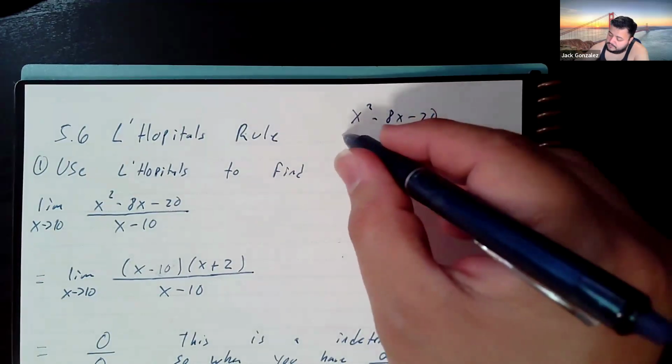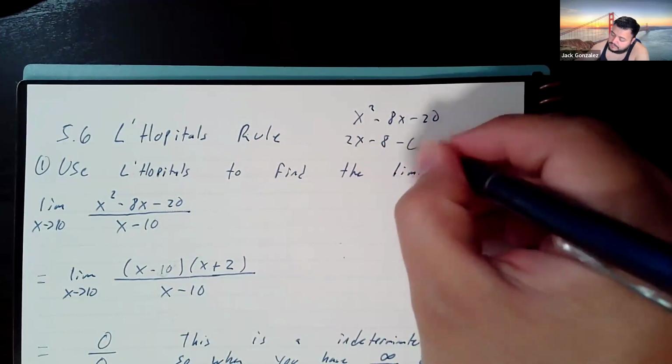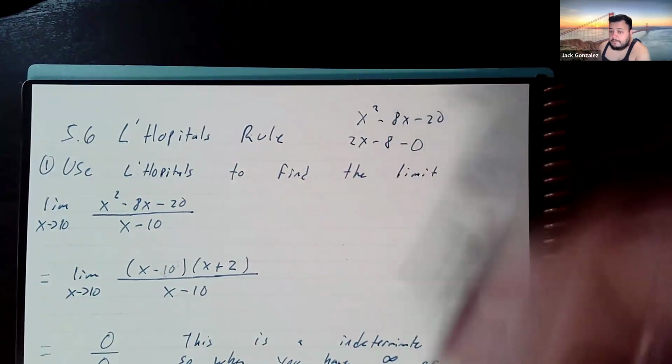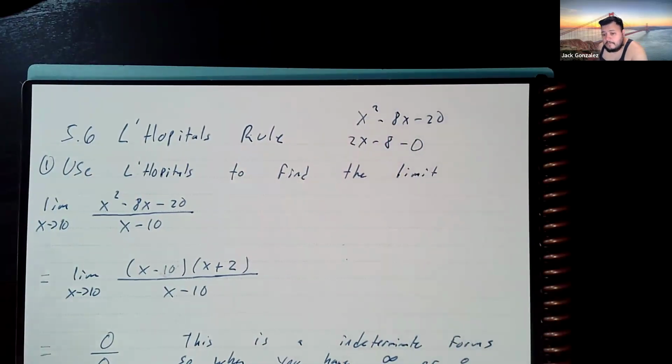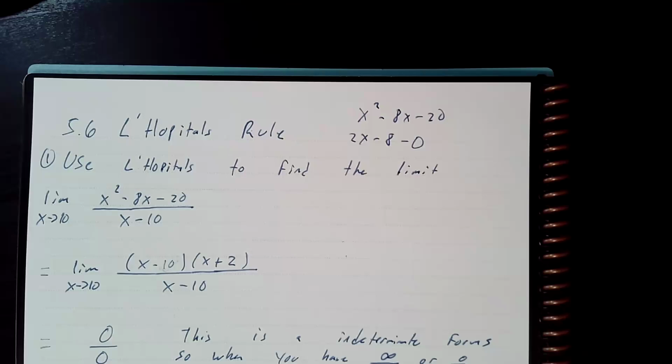So you bring down the 2, subtract 1, this becomes a 2x, this becomes an x to the 0, right? So we're just doing it term by term. Just doing power rules. Do you remember? Like a little bit, I think.